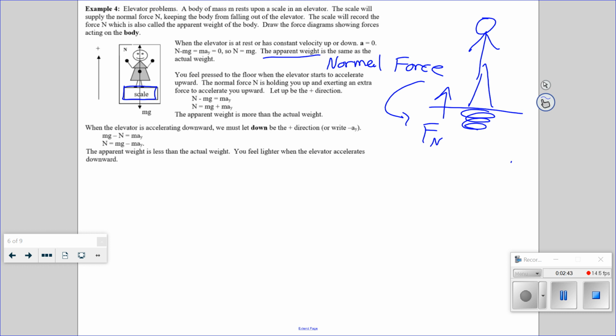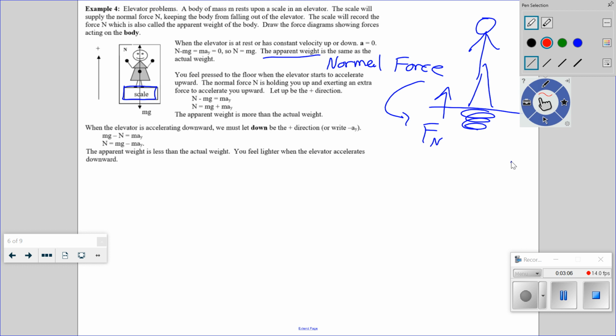You didn't magically get lighter, but you'll see the scale go down and down because the scale is no longer supporting your full weight. It's supporting your weight minus whatever you're pressing on the countertop. So, first we have to buy that the scale is measuring the normal force that it exerts up on you.